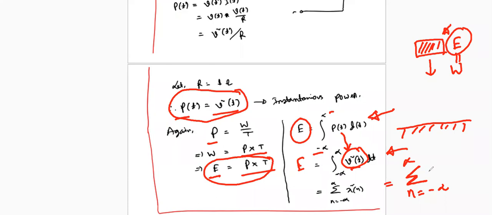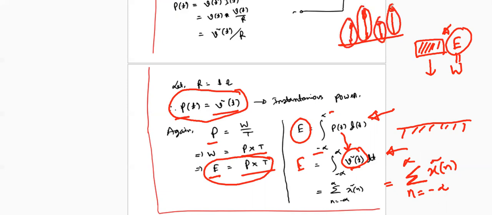Nothing but x square(n), because these x(n) represent different voltages. This stem is nothing but the different voltages we are getting in the circuit. In a discrete circuit, the voltage values you are getting are the consequence of the circuit output or inputs.